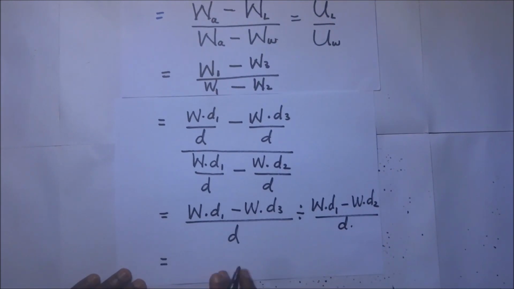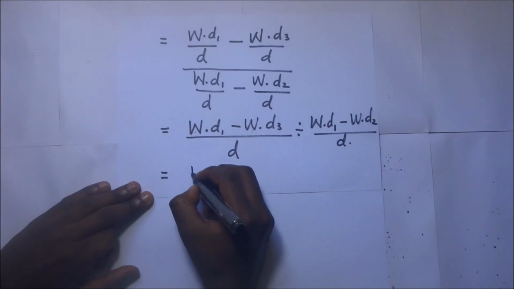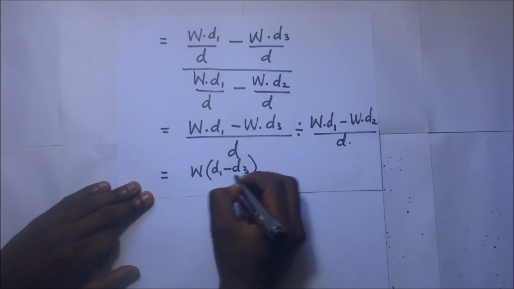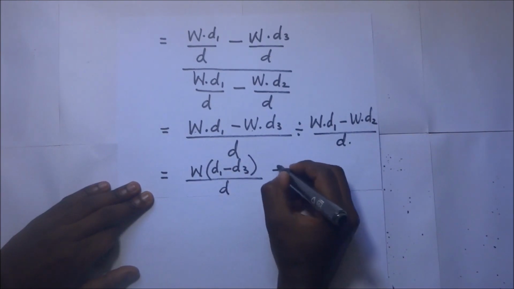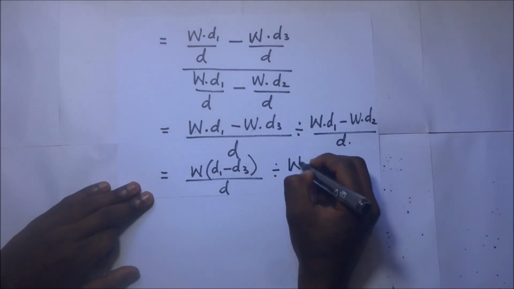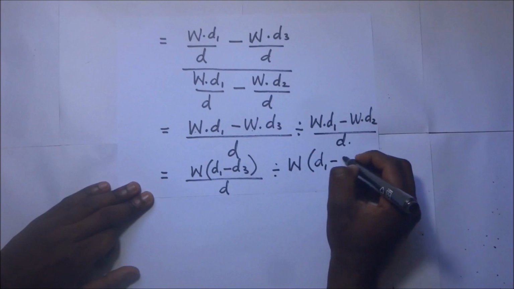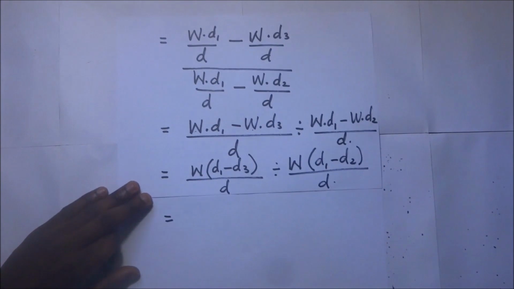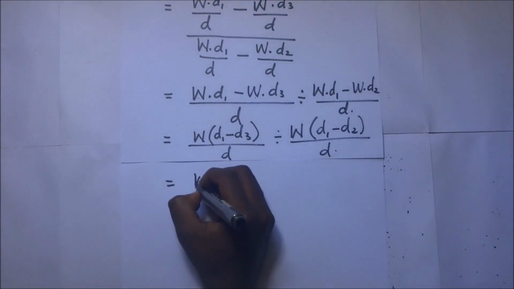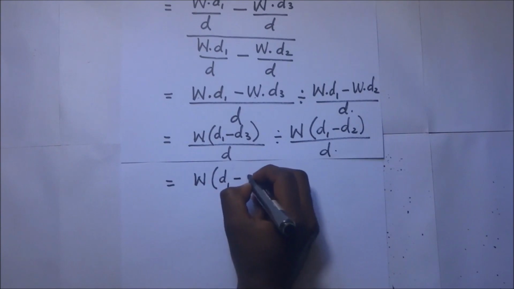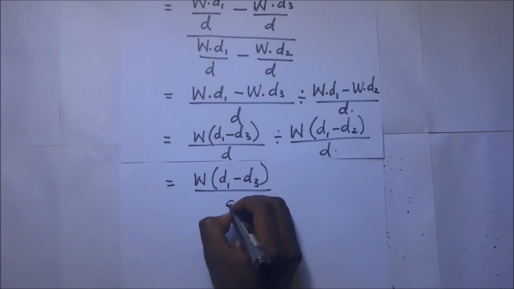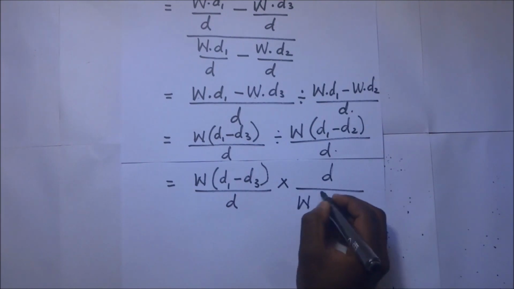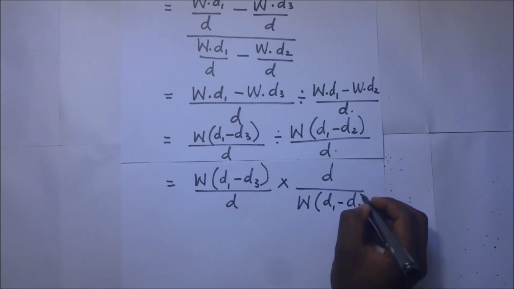So this is going to end up being, W is common here, so we put W outside the brackets into D1 minus D3, divided by D, divided by W is common, so we put W outside the brackets here into D1 minus D2, divided by D. So this becomes W into D1 minus D3, divided by D, multiplied by the reciprocal over W into D1 minus D2.